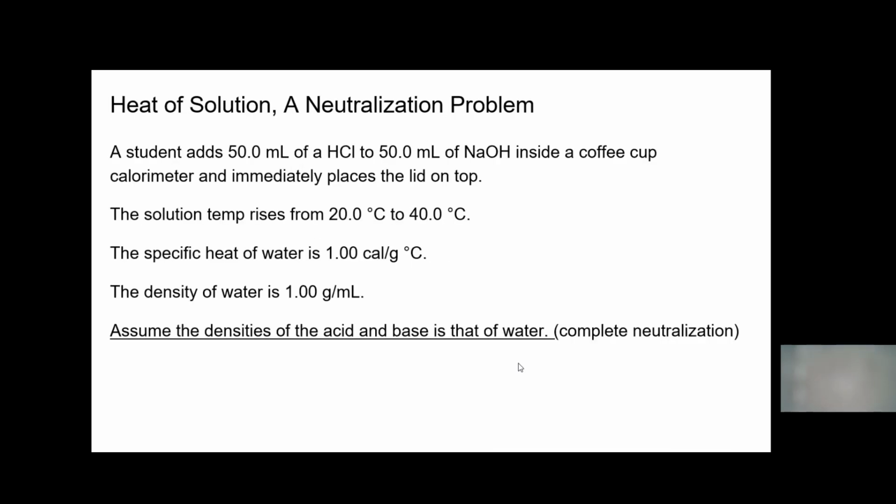So here is the information to start with. A student adds 50 mL of HCl to 50 mL of sodium hydroxide inside a coffee cup calorimeter and places the lid. The solution was at 20 degrees Celsius before.